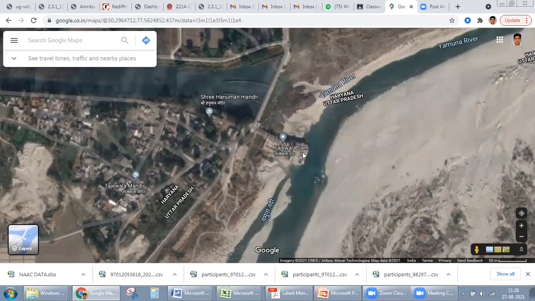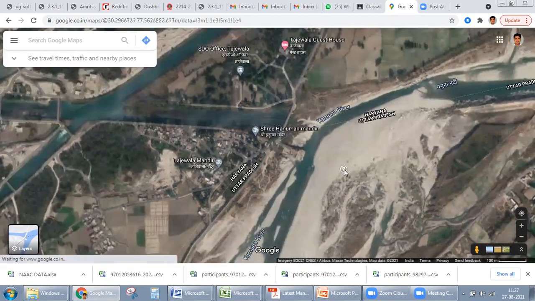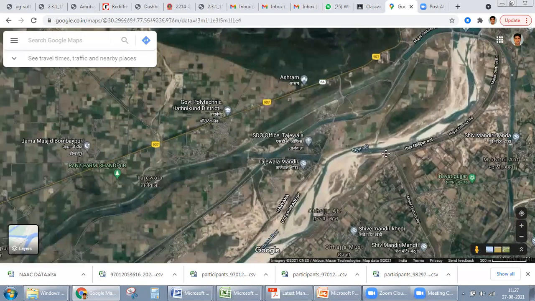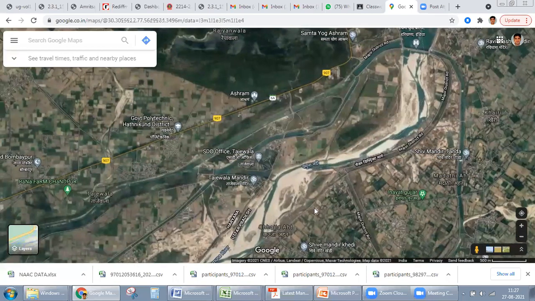So it is basically not a dam, but just a small portion which is left over here, because it is the abandoned Tajewala headworks. Like we had this Hathni Kund barrage on the upstream side. This is Hathni Kund barrage. Here we had Tajewala headworks on the same river. And at this point, the weir wall was provided, just like a new weir wall over here.